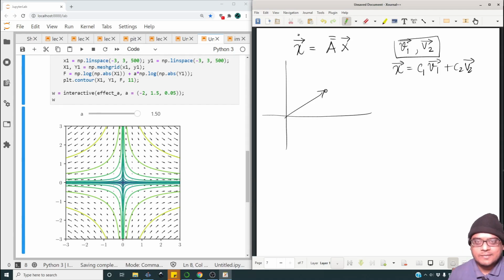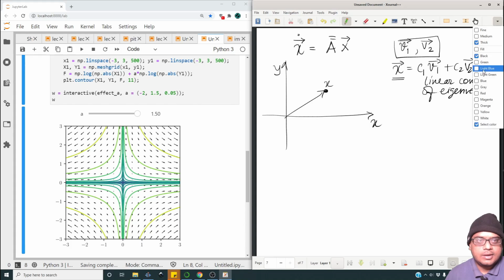It is the pair x comma y that quantifies the vector in the xy plane. Don't be confused with a velocity vector over here. So now what about this? If this is true, I can represent any point as a linear combination of the eigenvectors.